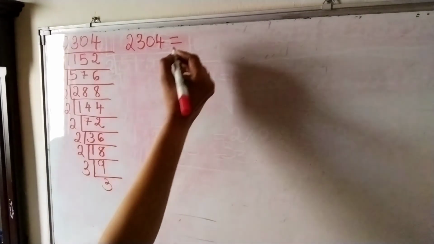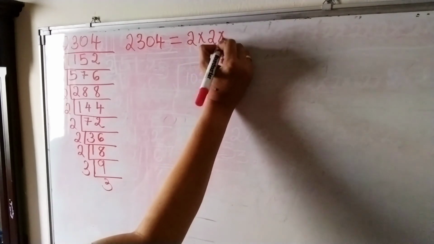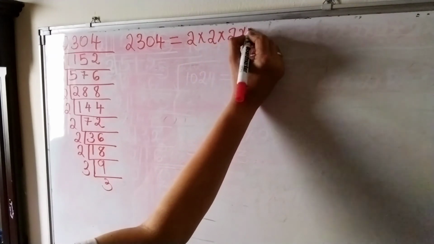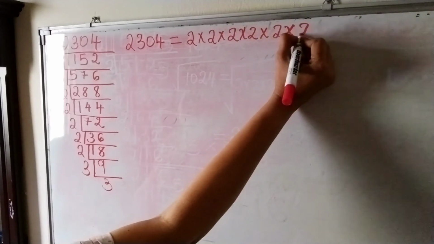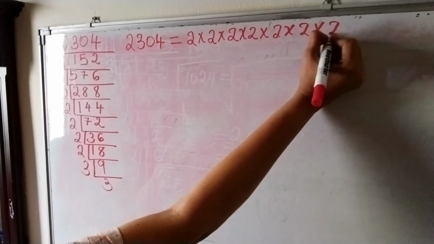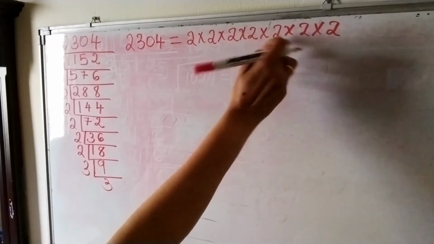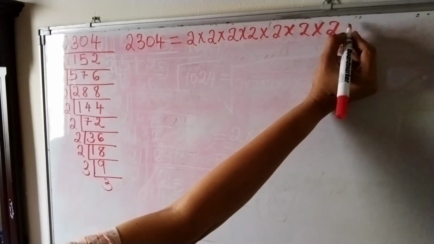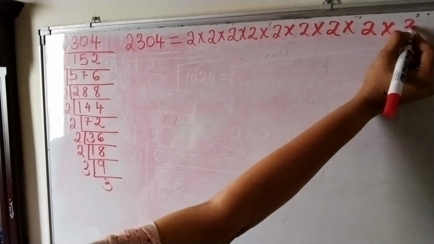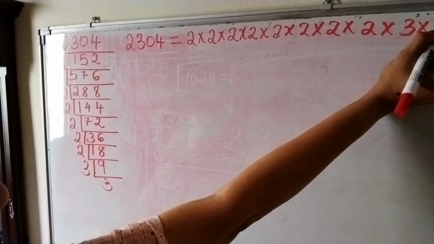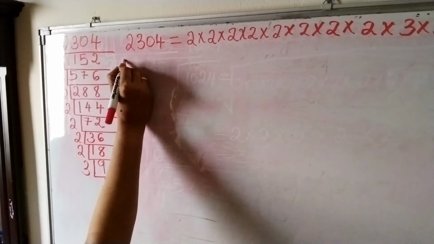So we can write 2 into 2 into 2 into 2 into 2 into 2 into 2. How many times does 2 repeat? 1 2 3 4 5 6 7. One more time it will repeat. Then into how many times does 3 repeat? 2 times. Okay. Then we want to find the root.